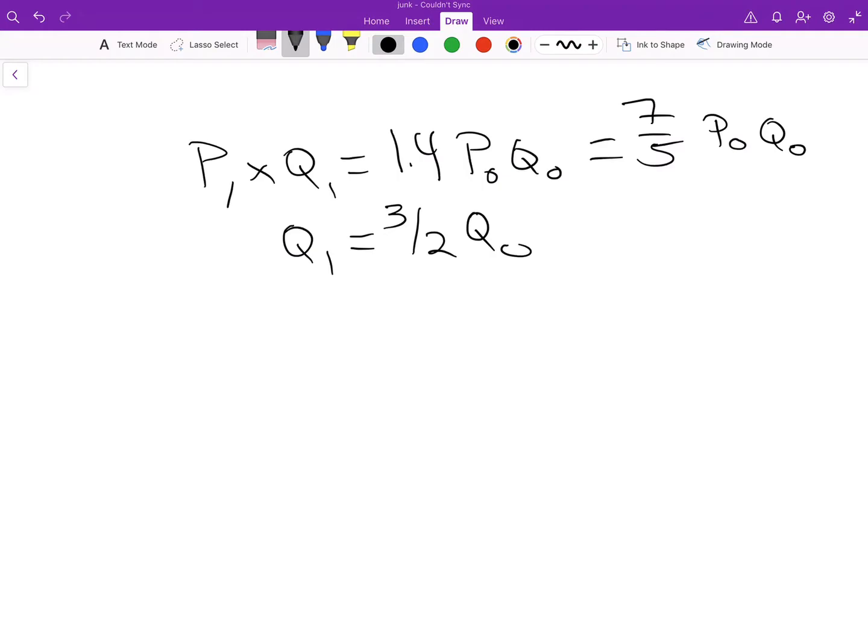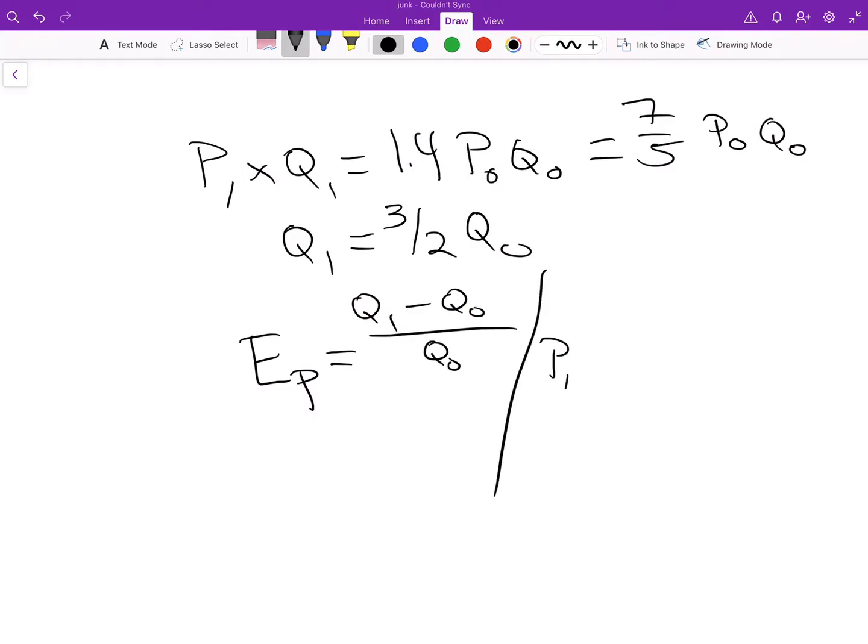Now we're told to find the elasticity using this formula, which we remember from class 1, and that's all over P1 minus P0 over P0. So believe it or not, we actually have everything we need to solve for this elasticity given the statement of the problem. So let's go ahead and show you some of the tricks on how to do this.